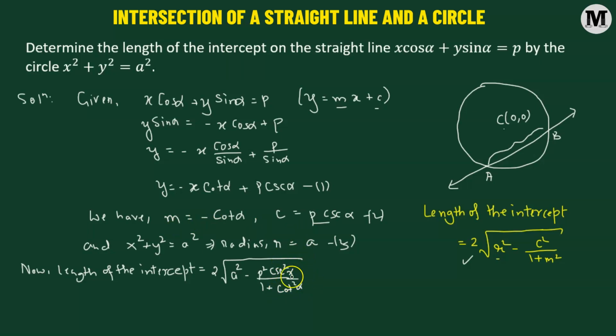Now, there is a standard identity: 1 plus cotangent squared alpha is nothing but cosecant squared alpha. So the numerator and the denominator cancel out, and that leaves us with 2 times the square root of a squared minus p squared. And this is going to be the length of the intercept on the straight line, whose equation is given, by the circle x squared plus y squared equals a squared.